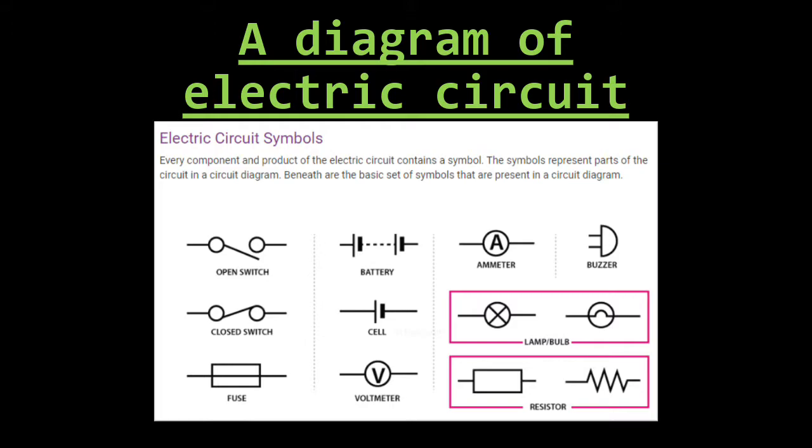For fuse we have this symbol, for battery we have this, and for cell we have this symbol. Voltmeter is denoted by the letter V, and ammeter is denoted by the letter A. The next symbol is buzzer, then we have lamp or bulb, then we have resistor.